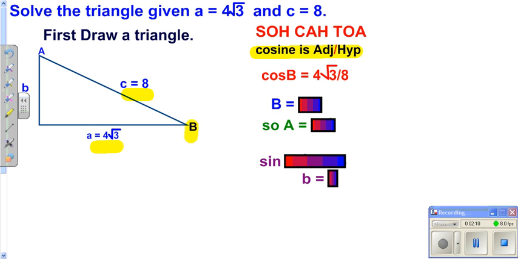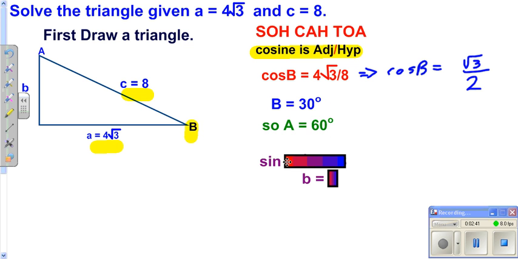Well, that ends up reducing down to just the cosine of B equaling root 3 over 2. Well, that's one you're supposed to have memorized, and so you should remember that that is 30 degrees. Well, if B is 30 degrees, and you know that's your right angle, you should be able to figure out A, so A ends up being 60 degrees.